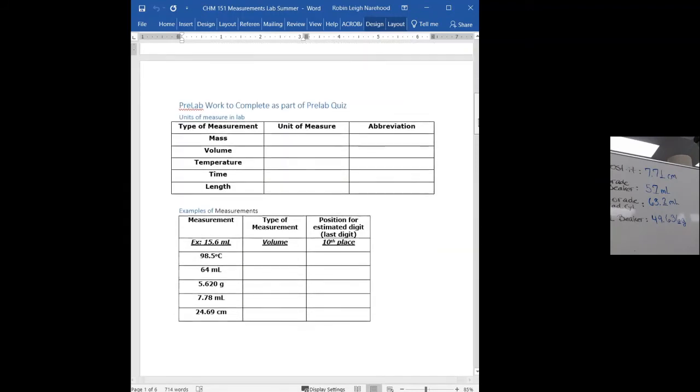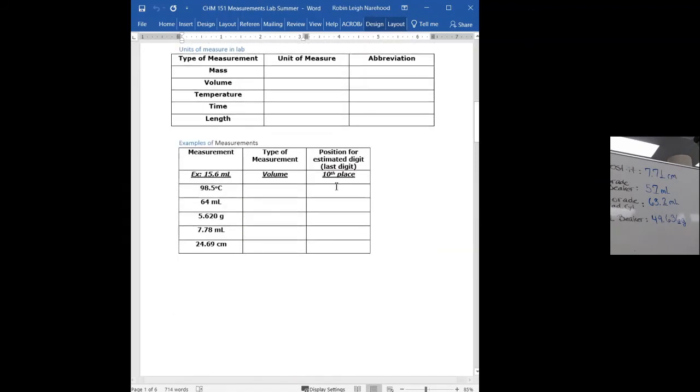The pre-lab questions, you want to answer these. Type of measurement, these are the types of measurement: mass, volume, temperature, time, length. The way that you know the type of measurement is based on the unit. And so in the type of measurement column, you're going to put what kind of measurement. So don't put that as milliliters, you would put that's a volume, because milliliters is a volume unit.